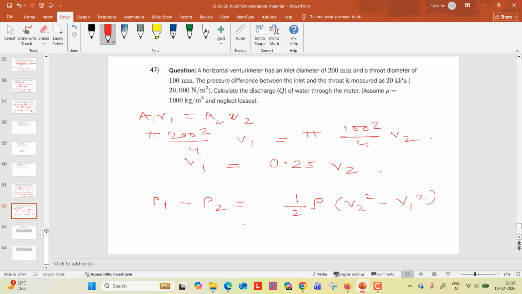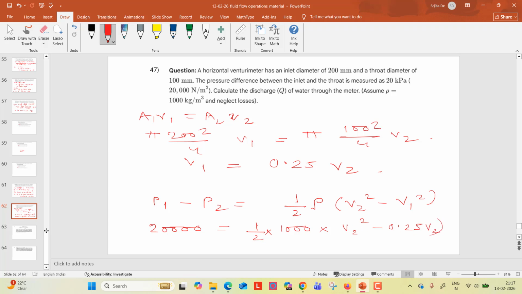P1 minus P2 is given as 20,000 Newton per meter square, equals half into rho, which is about water, that is 1000, and V2 square minus 0.25 V2 square.